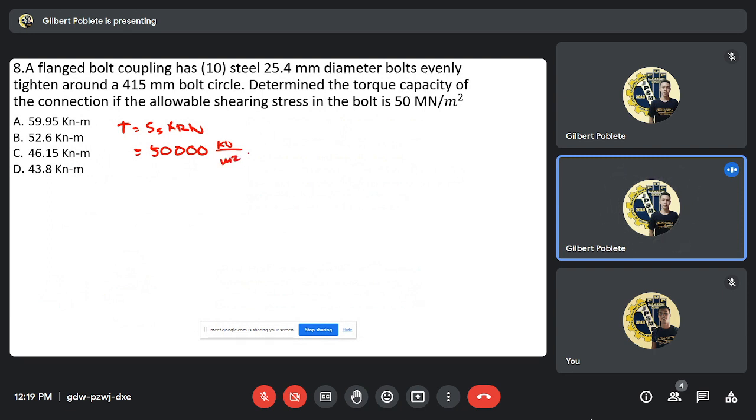Kilonewton squared. Times, the area is pi over 4 times the diameter. Meter na natin tong diameter, millimeter kasi. So, yung meter na natin.